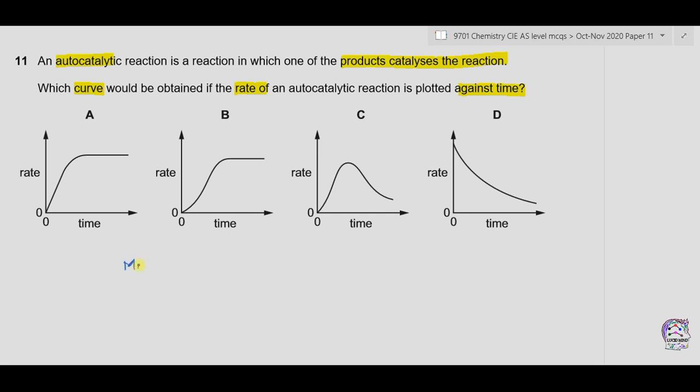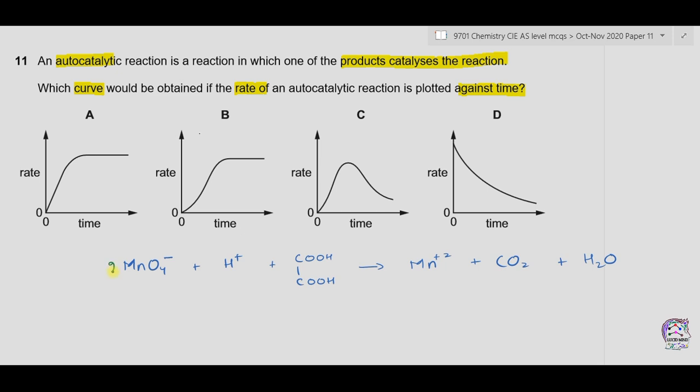So the equation will be MnO4 negative plus H positive plus ethanedioic acid, which is COOH, and the oxidation takes place. Mn2+ is formed along with CO2 and H2O.